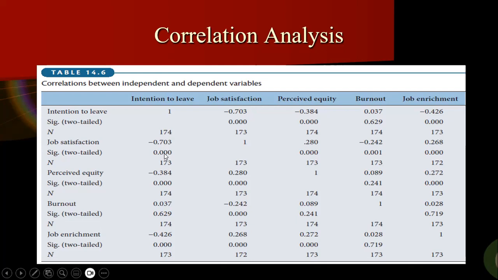So 0.01 is less than 0.1, that means our correlation result, this one, is statistically significant.